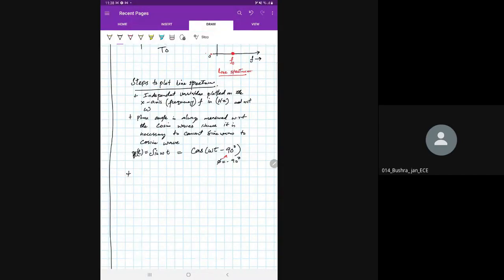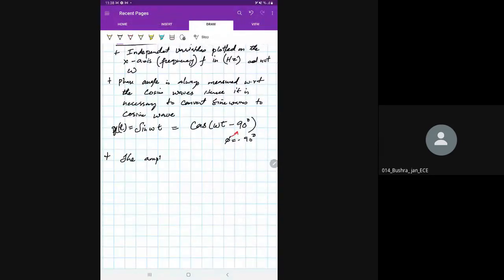The third point you have to remember is that the amplitude is always regarded as positive. It is regarded as a positive quantity. So suppose we have a signal whose amplitude is by nature negative, inherently its amplitude is negative.